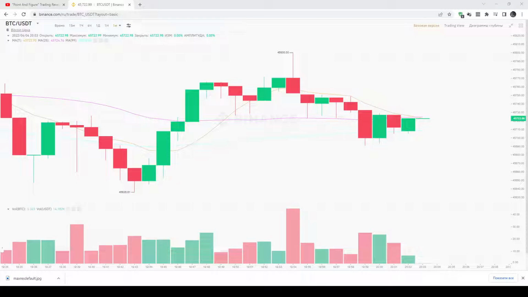If there are three or more X's in a column, demand has overcome supply. The reverse is also true: when the chart produces three O's in a column, this indicates supply has overcome demand. In this way, point and figure charts show the establishment of a trend and trend reversal in a clear and organized manner.